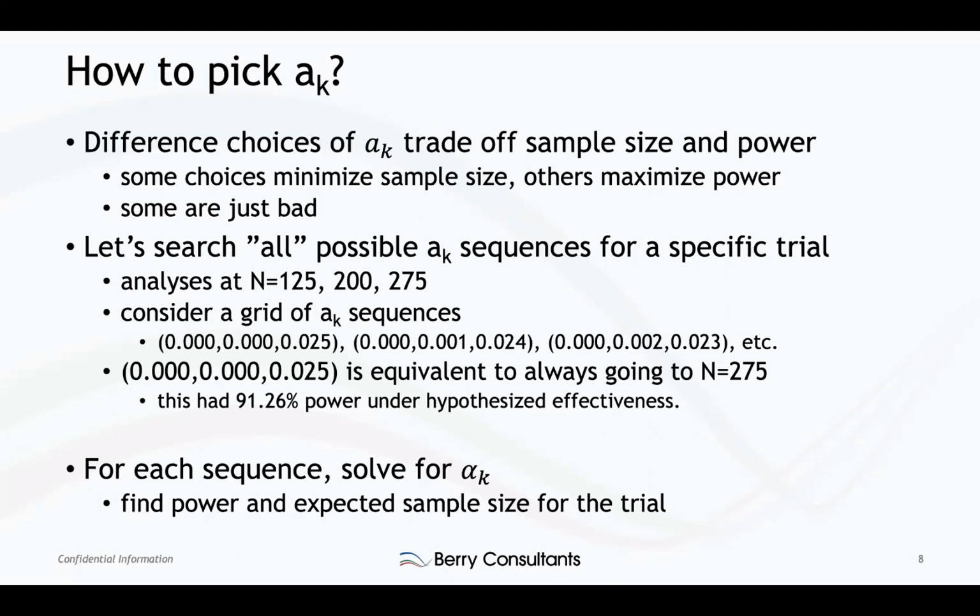They could even be haphazard. You could do 500, 800, and 957 for your interims. I don't know why you would do that, but there's nothing in the math that requires you to pick them to be equally spaced. I'll talk about different choices in a few slides.